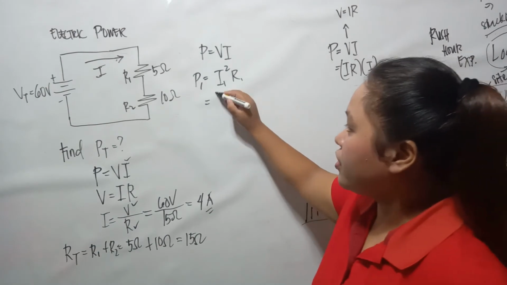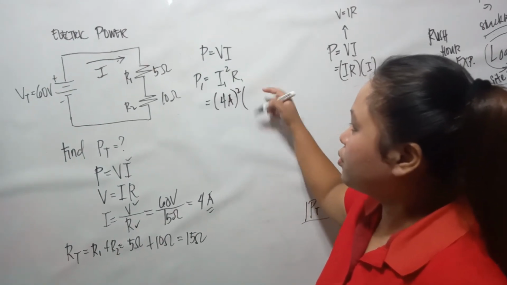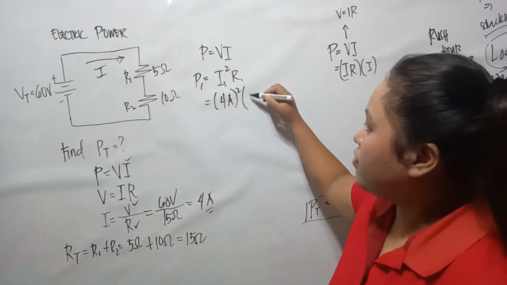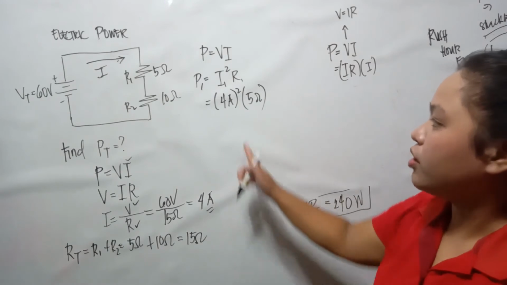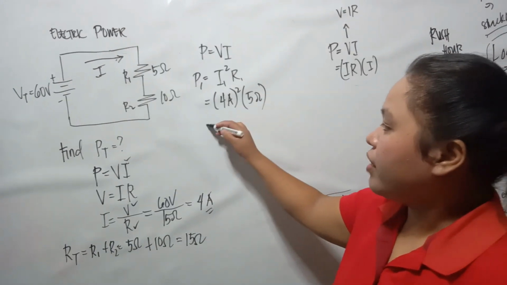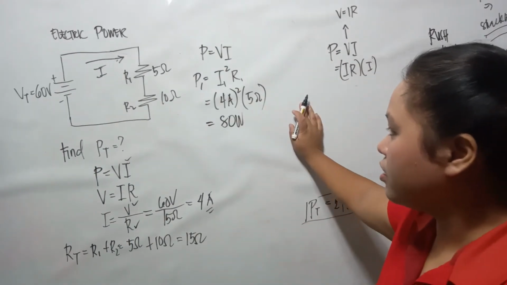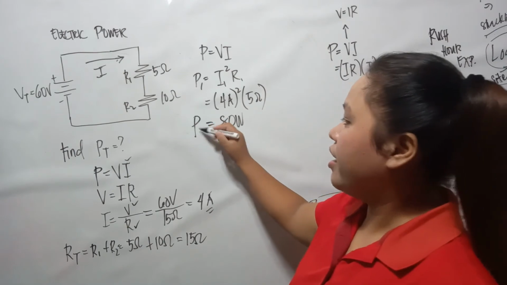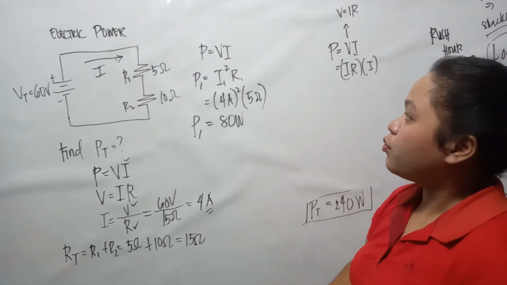Current is equal to 4 amperes, squared, and the resistance is 5 ohms. 4 amperes squared is 16, multiplied by 5, that would be 80. The unit is watts, so the power dissipated at resistor 1 is 80 watts.